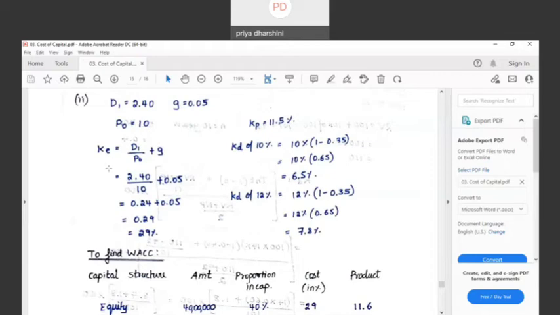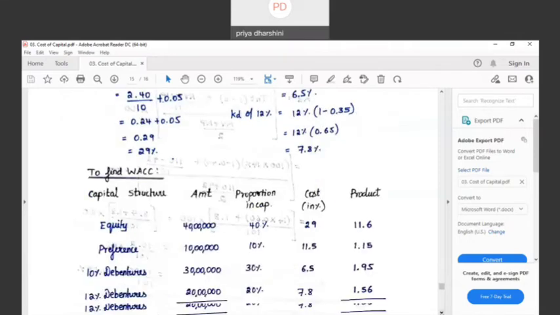Find cost of equity. D1 divided by P0 plus G. 2.4 divided by 10 plus 0.05. So you get cost of equity as 29%. Cost of preference is the same, 11.5%. For the existing debt, it is 10%. After tax is 6.5. For the additional debt, it is 12%. After tax is 7.8.